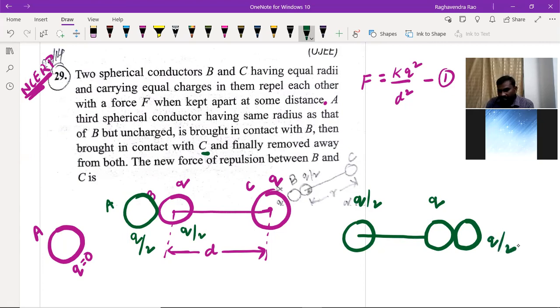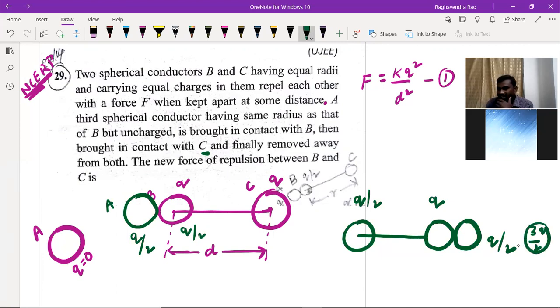So when we attach it with this sphere, it gains a charge of Q by 2. Now this sphere is in contact with C. What is the total charge? Q plus Q by 2, that is 3Q by 2. The total charge is 3Q by 2.